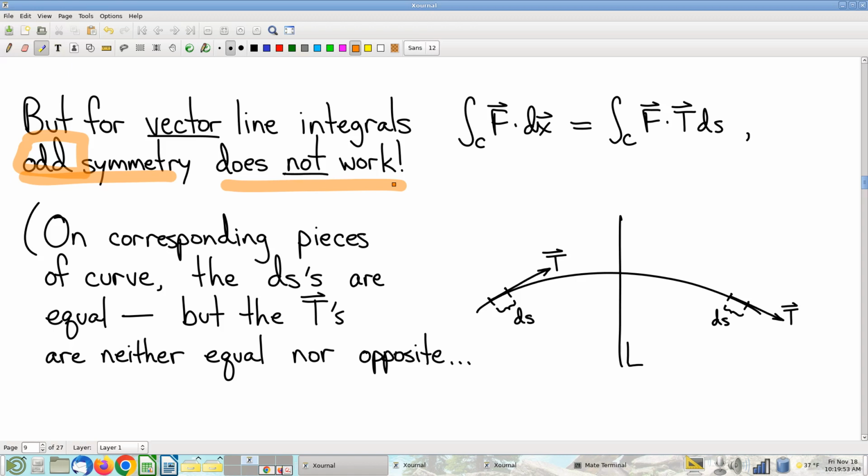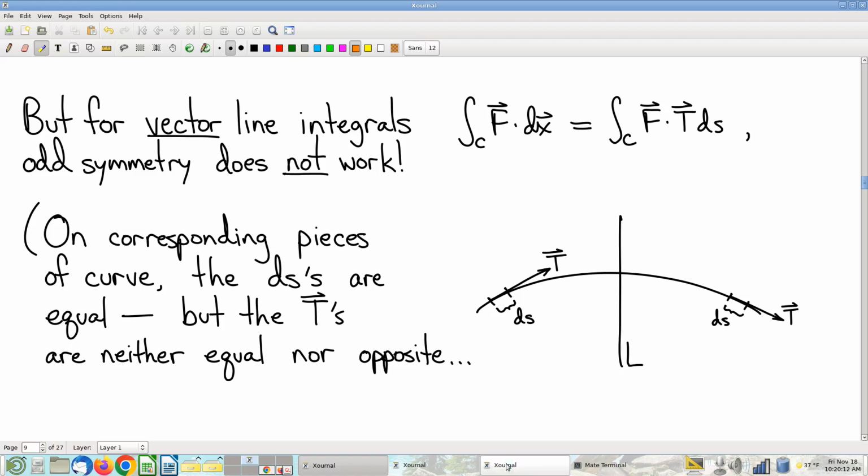You're going to get yourself into more trouble than you're going to get yourself out of. So, point of order: yes, technically there is a symmetry theorem, but it's different. It's not what you think, and it's not worth your time.